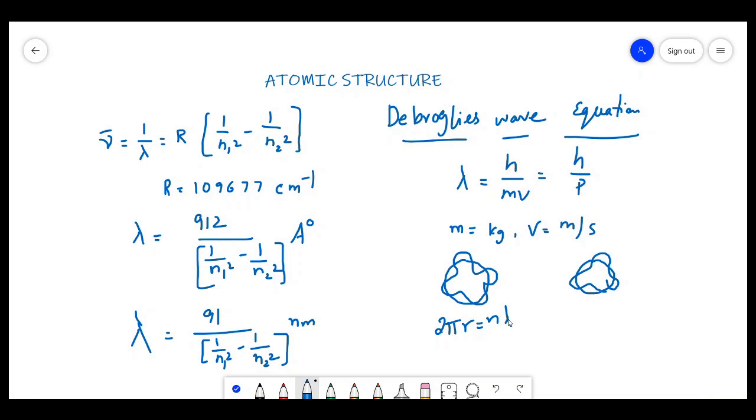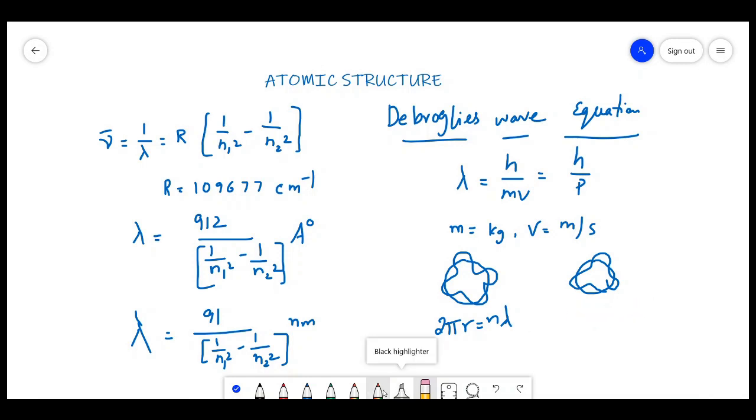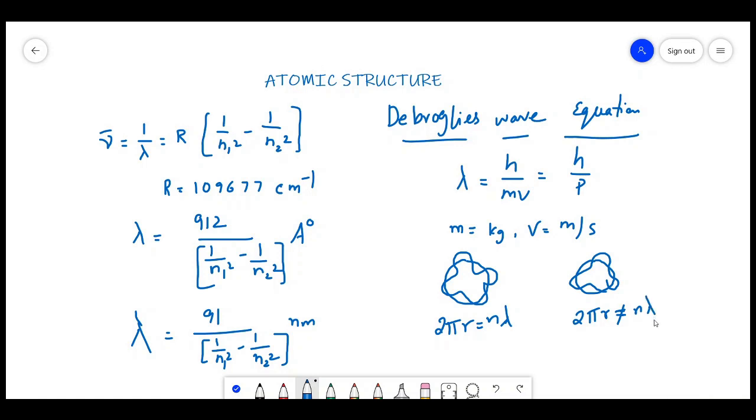So in this non-standing wave, we get 2 pi r is not equal to n lambda. Whenever the electron is excited and de-excited, in that case we produce a non-standing wave, and we get 2 pi r is not equal to n lambda.